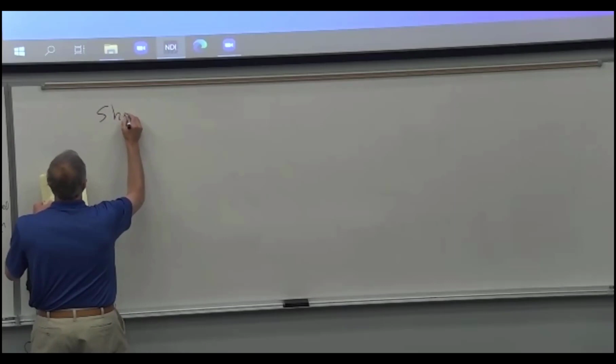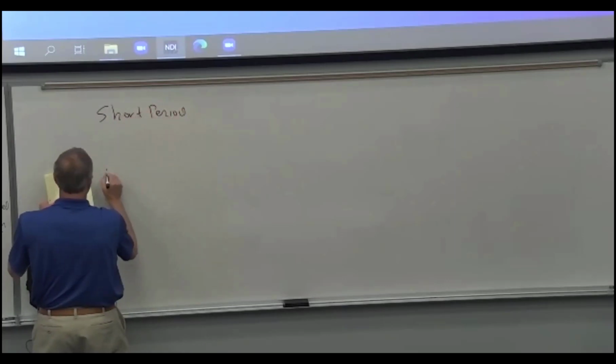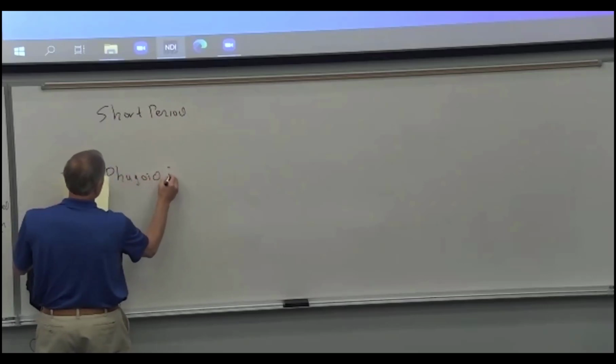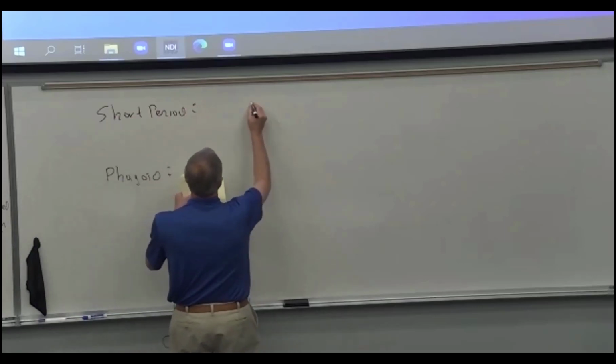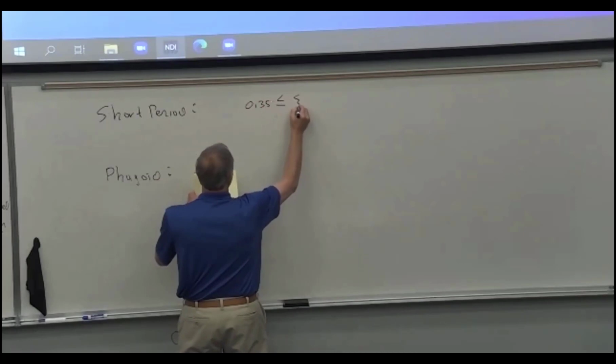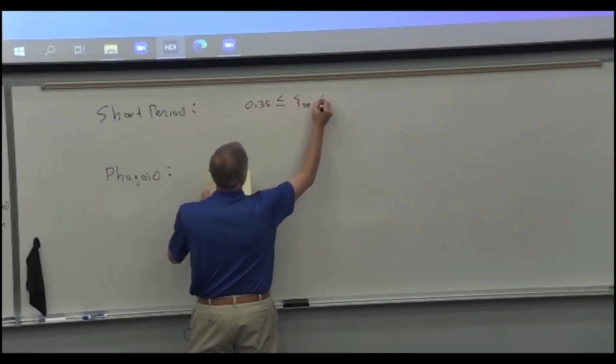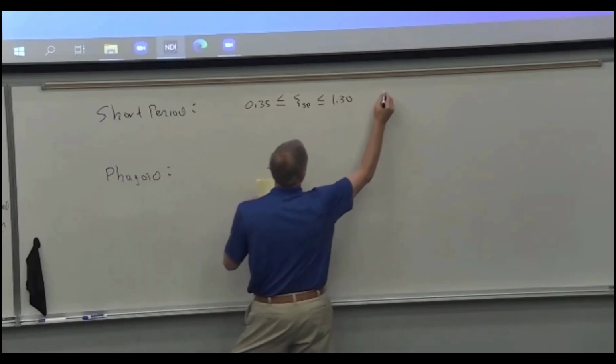So the last 2 are the longitudinal modes. And both of these are complex conjugates, so you have to use the same deal that we did with the Dutch roll. The short period, the mil spec for that says the damping ratio needs to be within this range here to be level 1.